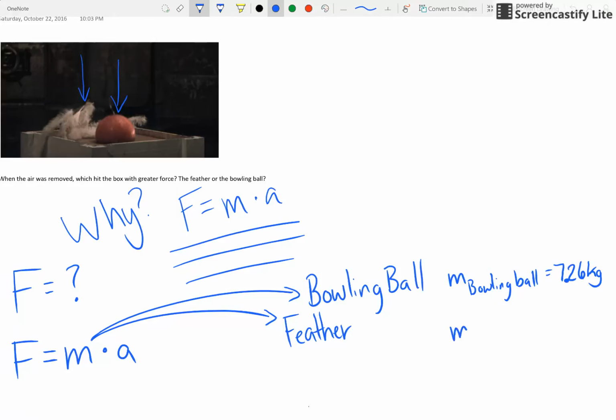And the mass of a feather was roughly 0.08 kilograms.